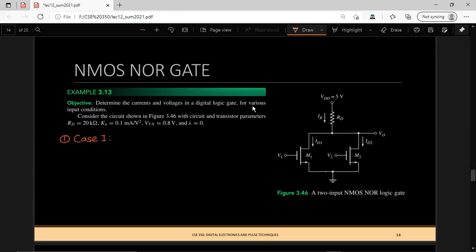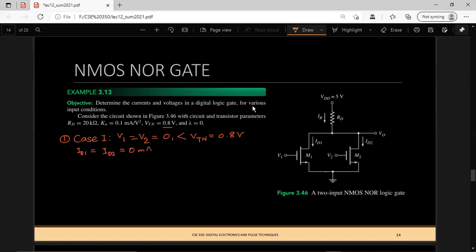when both input voltages are 0. Whenever both input voltages are 0, we can clearly see that the input voltages, or gate voltages, are less than the threshold voltage. That means none of these transistors will turn on, so all these transistors are off, and therefore ID1 equals ID2 equals 0 milliampere.